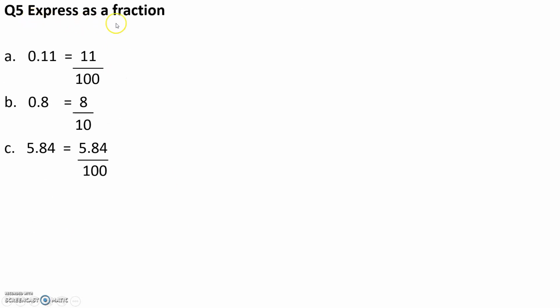Then express as fractions. 0.11. So before the number, if any zeros are there, we will not take those zeros, but in between two numbers, if any zeros are there, or after the number, if any zeros are there, those zeros we will consider. So here we'll just write 11. See after the point how many numbers are there: 1, 2.